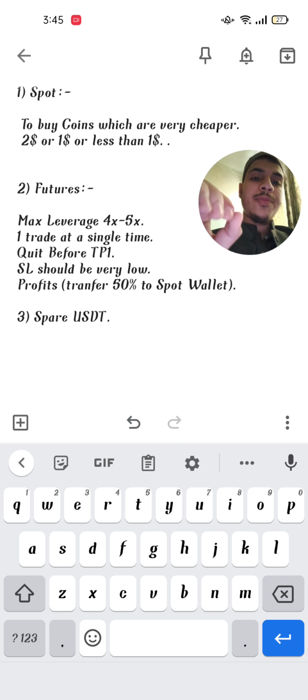And to make it safe, you should transfer it to the spare USDT, or to your spot wallet, and buy some good coins. Fine, 50%, and you can keep 50% in the future wallet, so you can get good trades with higher funds now.